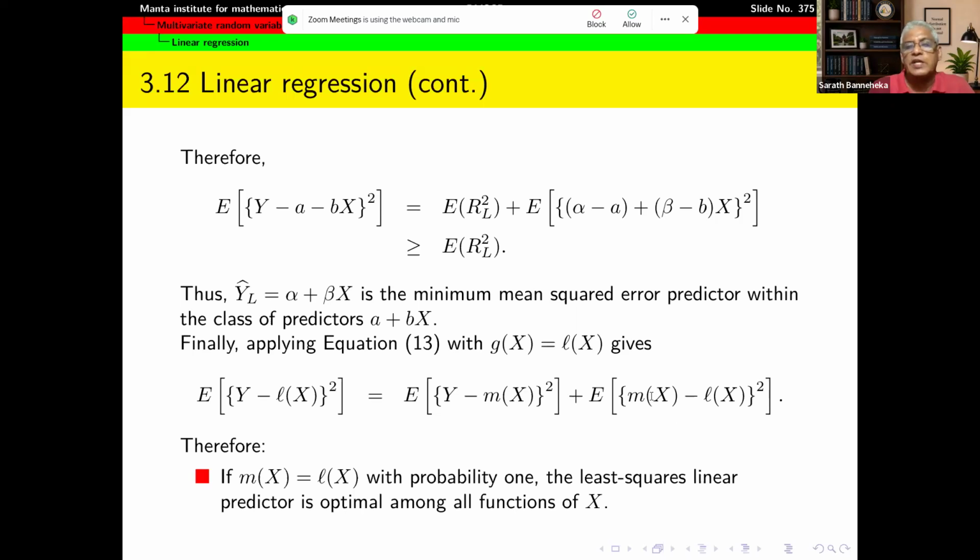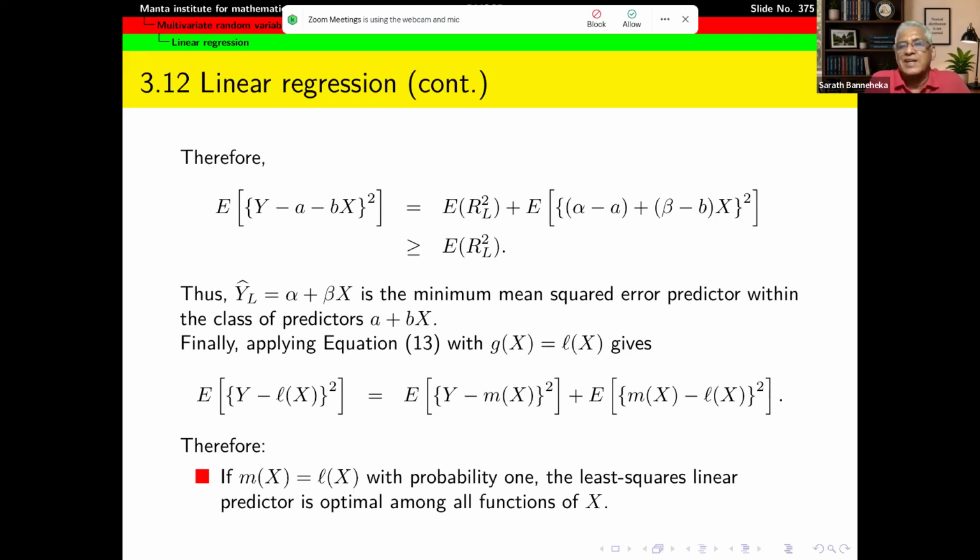Earlier we showed that m(x) is optimal in terms of the squared error. It gives you the minimum squared error among all the functions if you consider all the predictors. So if m(x) is equal to l(x), then the least squares predictor is actually the optimal predictor among all functions of x.